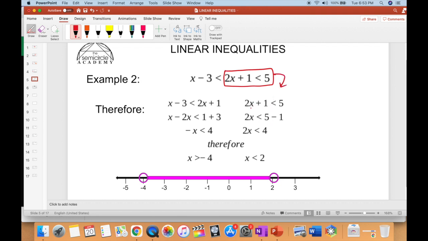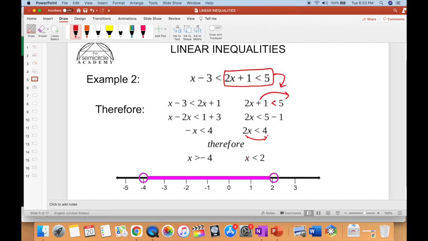So you can see that 2x plus 1 is less than 5, right? So I could take the plus 1 and throw it across to get 2x is less than 5 minus 1. 2x is less than 4. I don't have any negatives to deal with here, so I could throw across the 2 and I don't have to worry about flipping the sign.